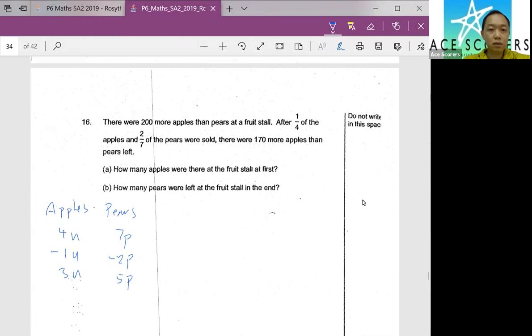Okay, 1/4. Okay, there were 100. Okay, so I have a better way to solve this. So I'm gonna remove this, because at first I was thinking of using units and parts. So I think there isn't a need to, right? So there were 200 more apples than pears.